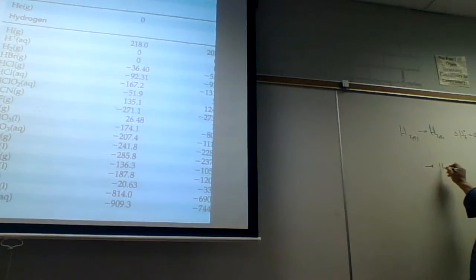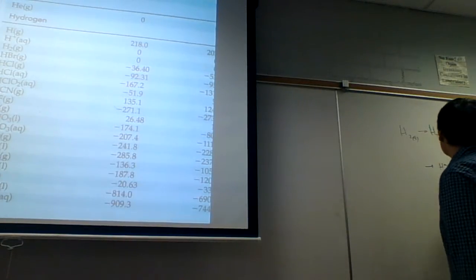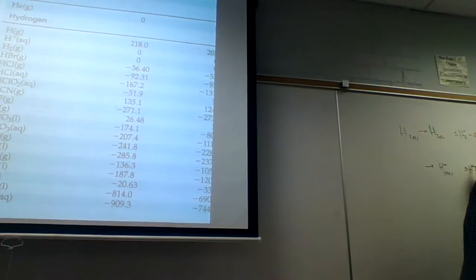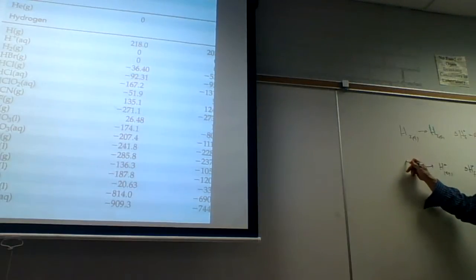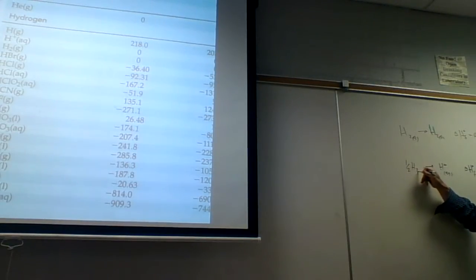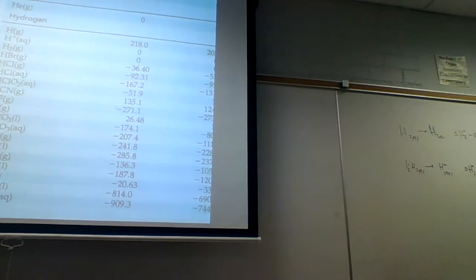But if we form 1 mole of H+ (aq), and this is under standard conditions, what does standard conditions mean again? This little superscript here. I know what formation means. Formation means formation of 1 mole of substance from the element. In this case, the element would be hydrogen. The standard state of hydrogen is H2 gas, so I'll have to take a half mole of H2 gas to get 1 mole of H+.